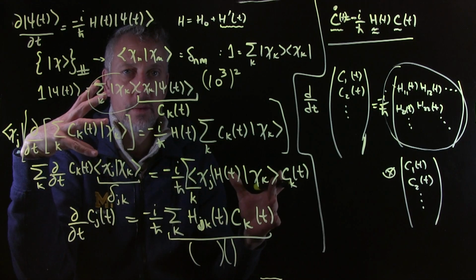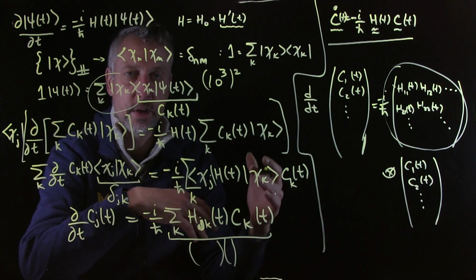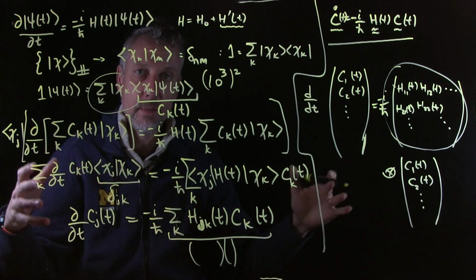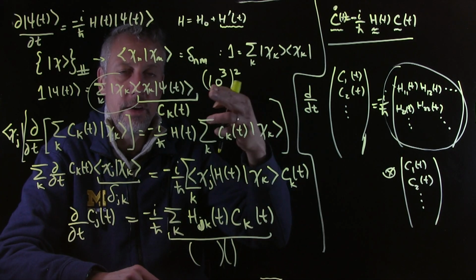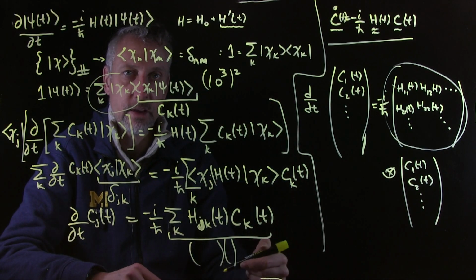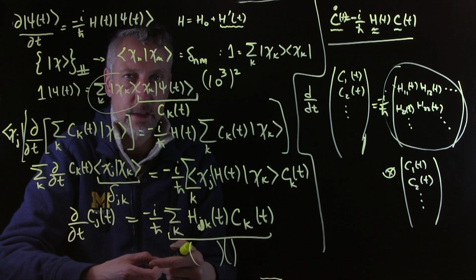The more degrees of freedom you have, whether it's particles or dimensions, it could be vibrations, it could be electronic states, whatever it is, the more dimensions you include into your problem, the bigger your basis grows in a completely exponential way. And that's why quantum mechanics has this horrible scaling.